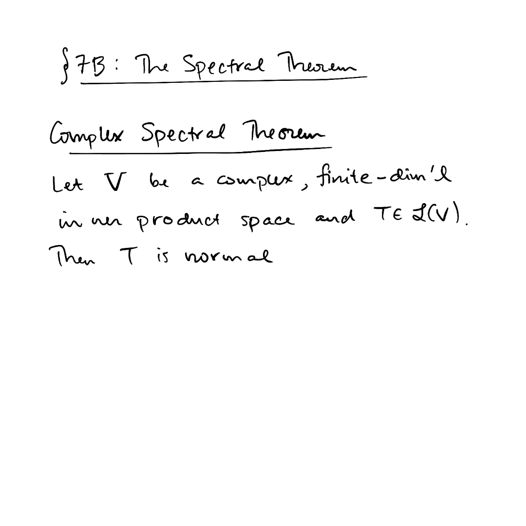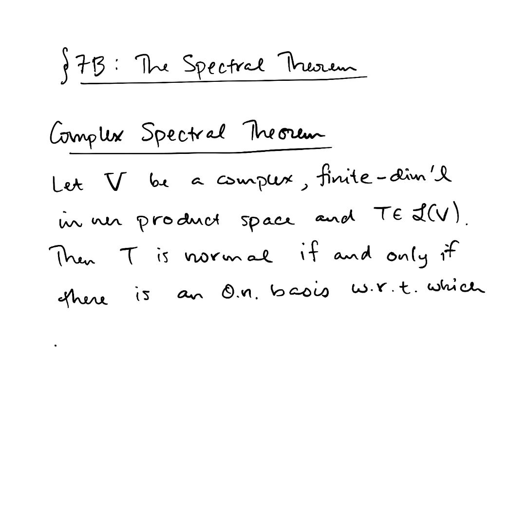So T is normal if and only if, this is remarkable, if and only if you can find a basis for V that is orthonormal and makes T's matrix representation diagonal. So T is normal if and only if there exists an orthonormal basis with respect to which M of T is diagonal.